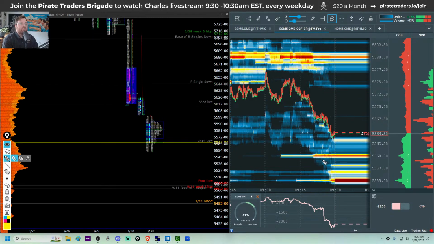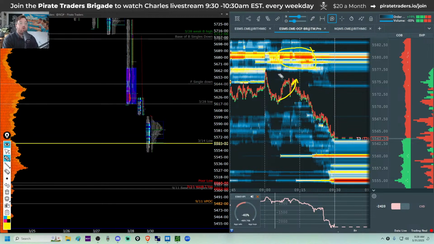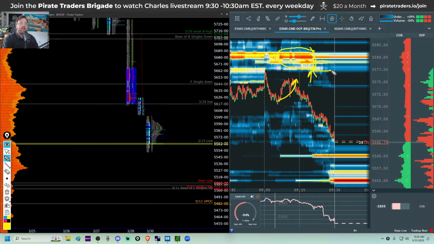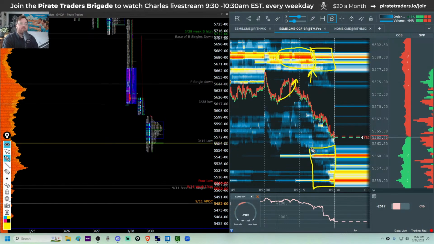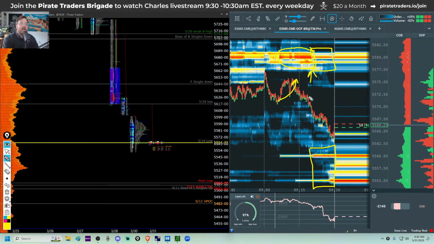Here is an example of a change in the order book. They were putting more liquidity above price, trying to pull price up to it, or scare price away, one or the other. And then what happened? They suddenly started to pull orders. Look at how much thinner it gets all of a sudden right here. But at the exact same time, they start to pile them on below. And then what does price do?